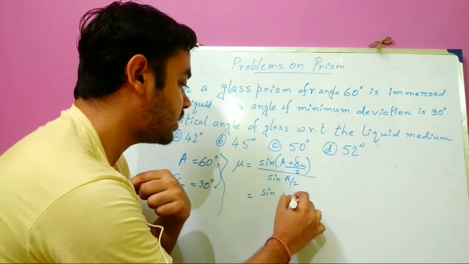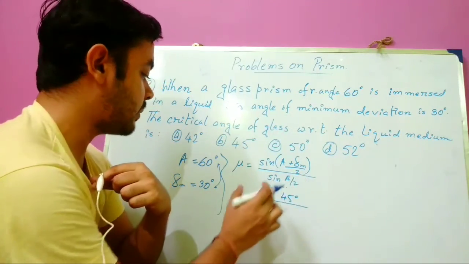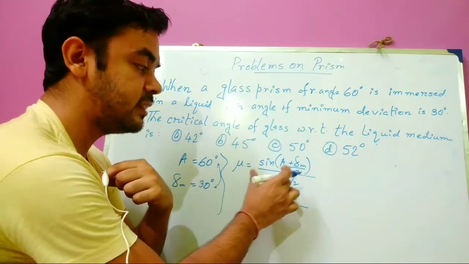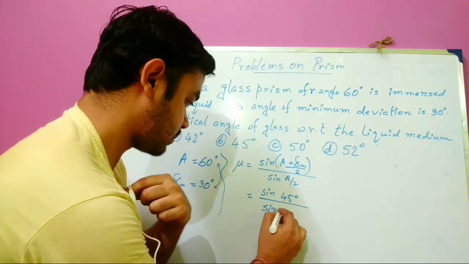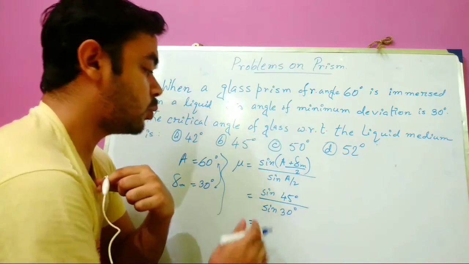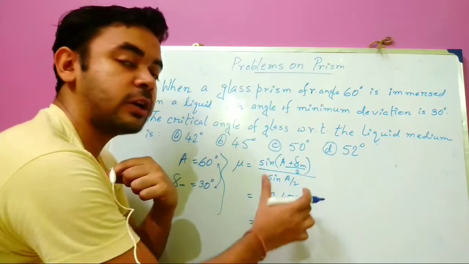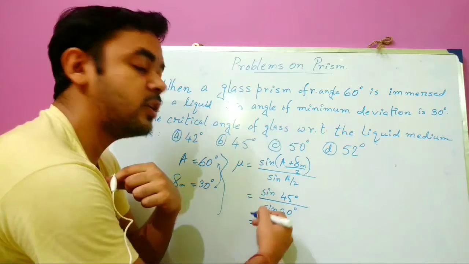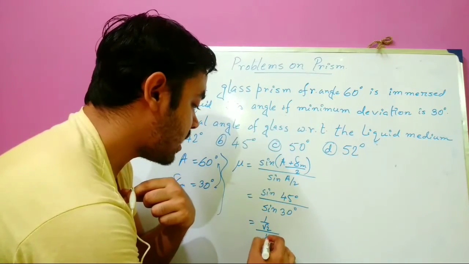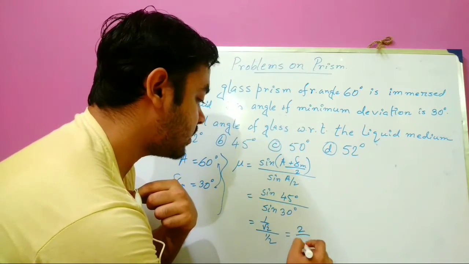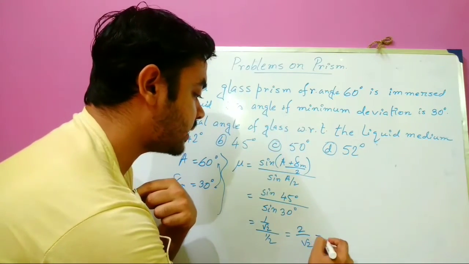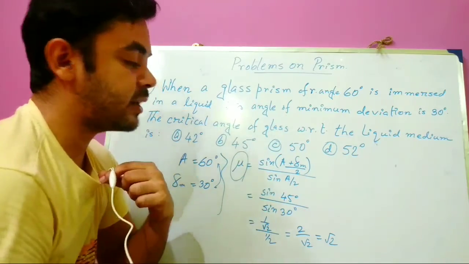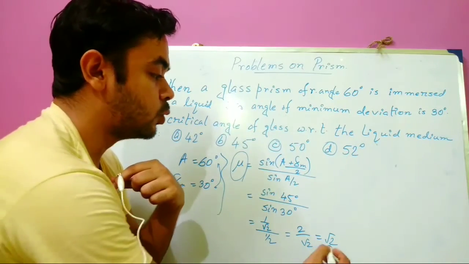So sine 45 degree divided by sine A by 2. The value of A is 60 degree; dividing 60 degree by 2, we get sine 30 degree. Sine 45 degree is 1 by root 2, divided by sine 30 degree, which is half. So this is nothing but 2 by root 2, that is root 2. The refractive index of the material of the prism is root 2.